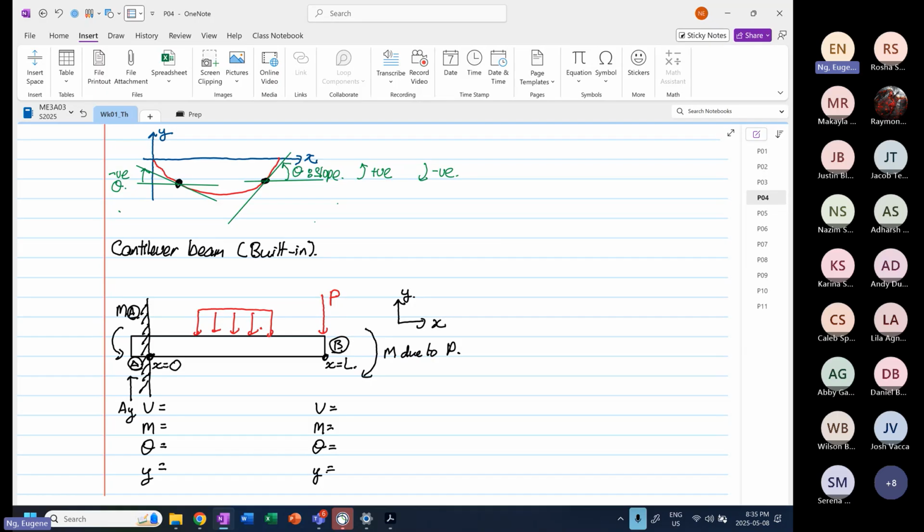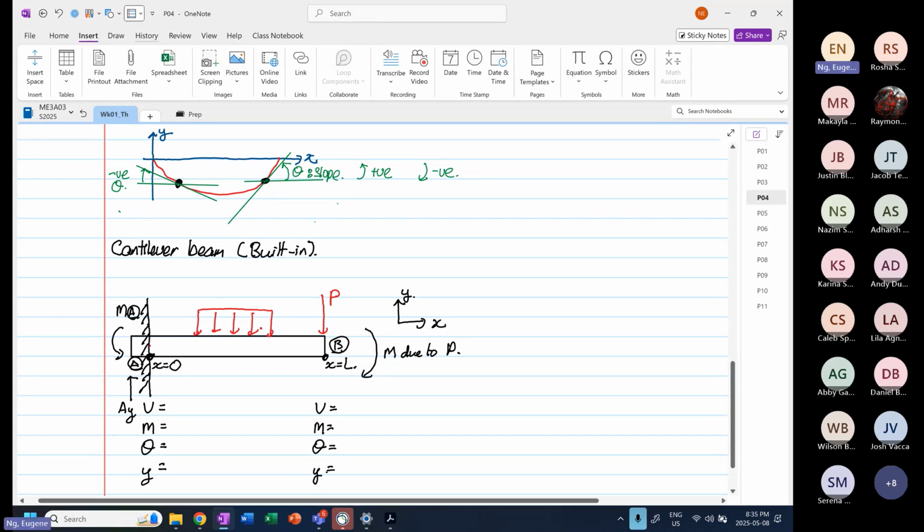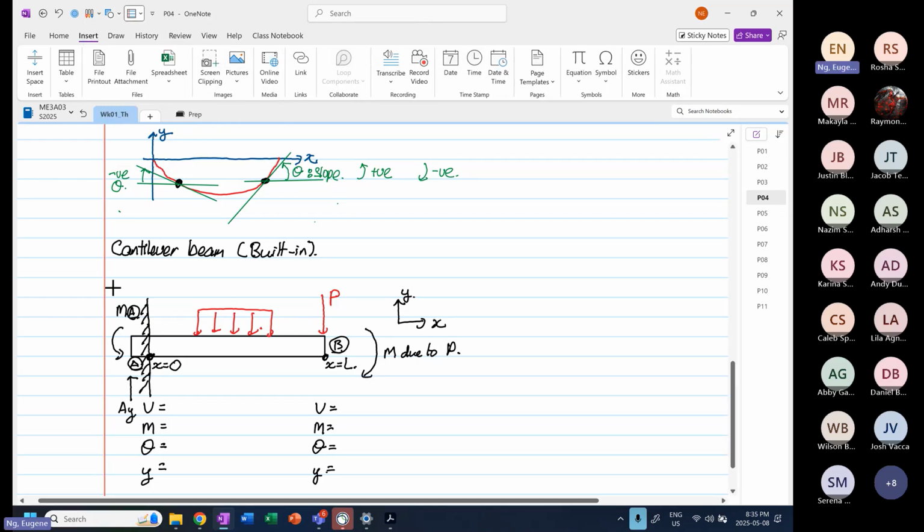So now, how will our structure deform? I want you to watch how I draw the deformation. When it's built in, usually you have zero slope.